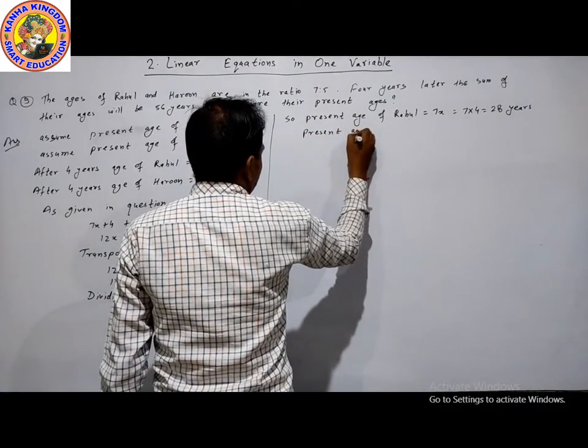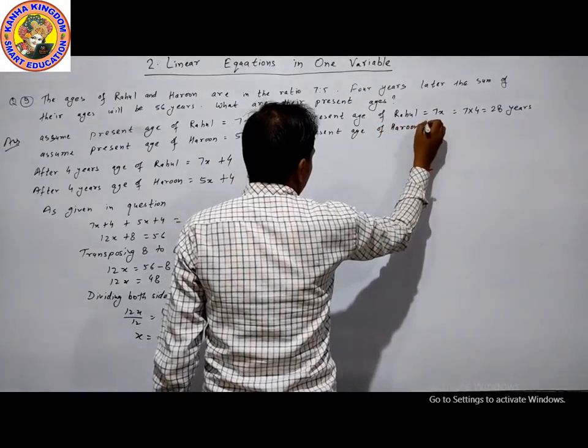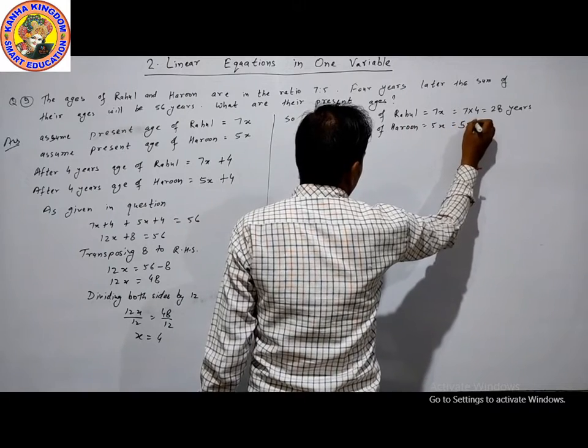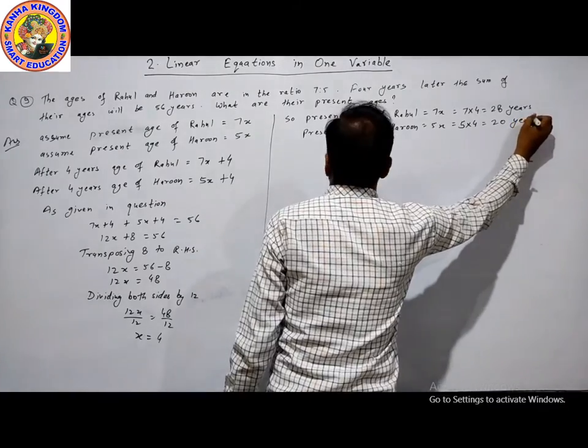Present age of Harun is equal to 5x, put the value of x, 5 into 4, 20 years.